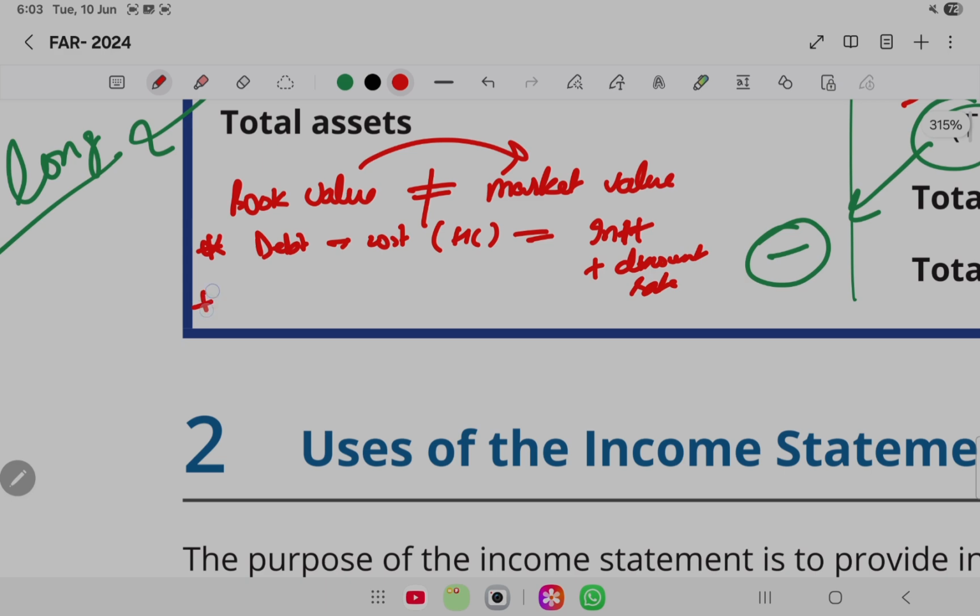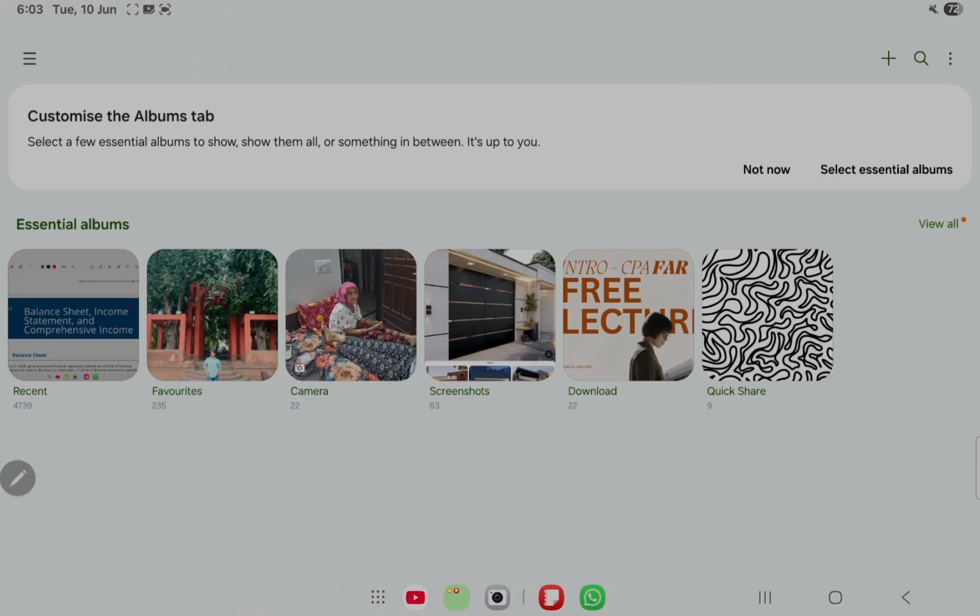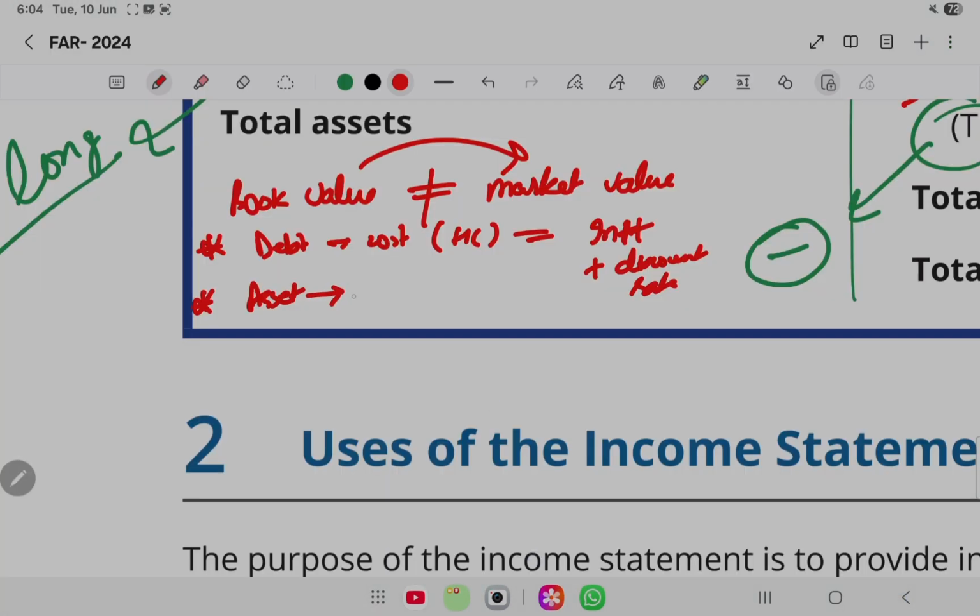Take an example of an asset in the books of the company, like a depreciated building on the balance sheet. It could be zero, but in reality the value is much more.